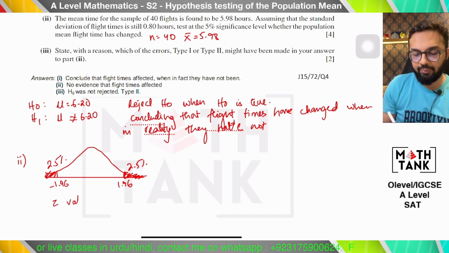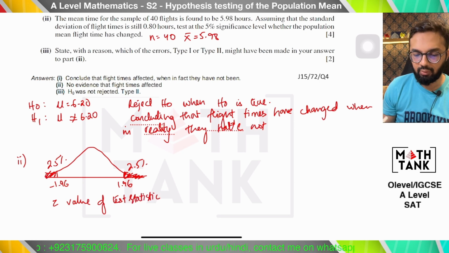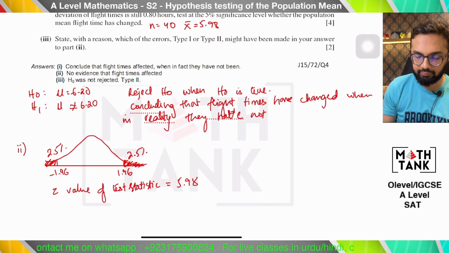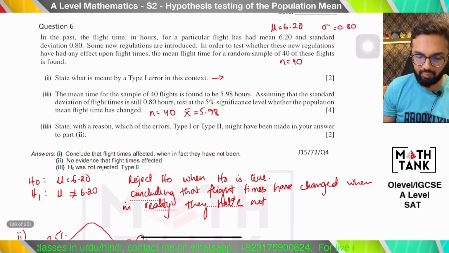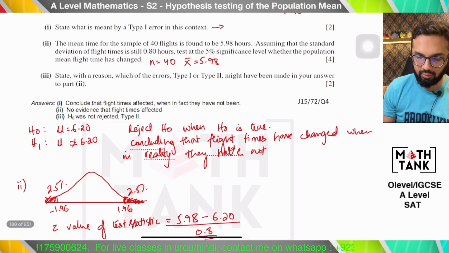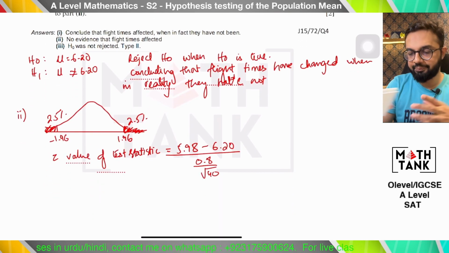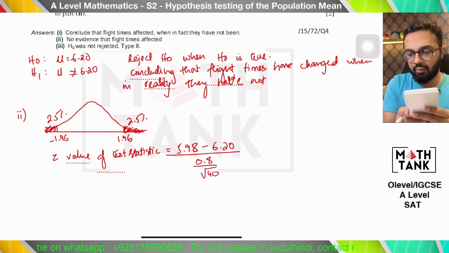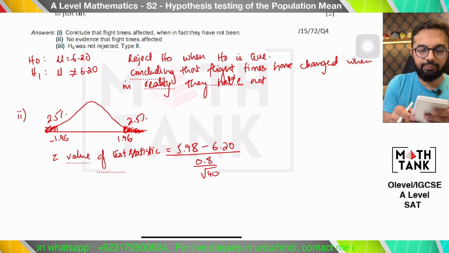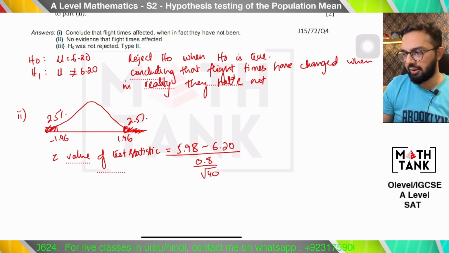Then I calculate the z value of my test statistic. So that equals x bar minus mu over sigma over root 40, which is 0.8 over root 40. That gives minus 1.739.